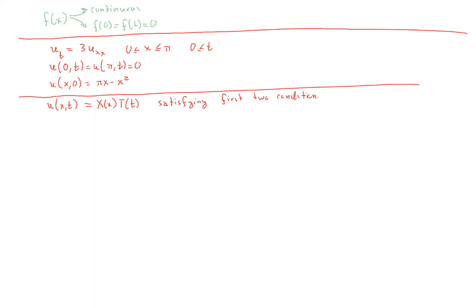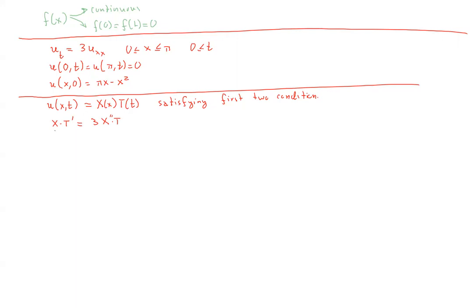So if we plug that into the equation, that will give us X of x times T prime, that's the partial derivative with respect to t, is equal to 3 X double prime times T, right? And now what we do is the usual thing.